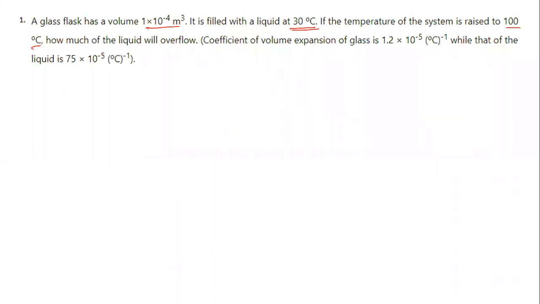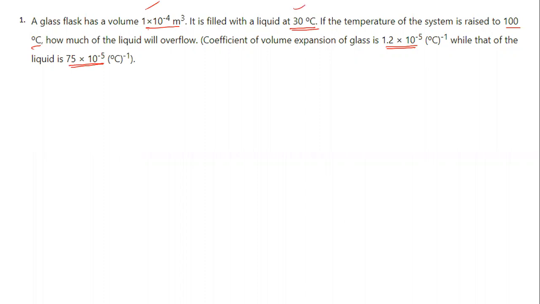The coefficient of volume expansion of glass is 1.2 into 10 raised to minus 5 per degree Celsius, and for the liquid it is given as 75 into 10 raised to minus 5 per degree Celsius. The volume is given for the glass flask.